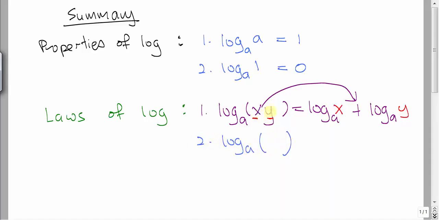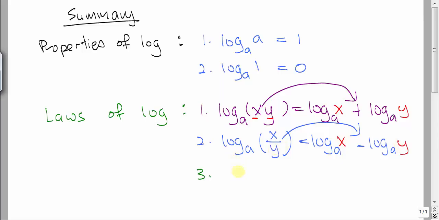And instead of a multiply, if we have a divide here, you can split into a multiple log as well. A divide becomes a minus, and the expression here follows the expression on top, the expression here follows the expression below.